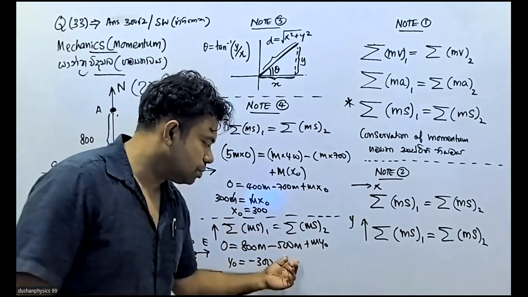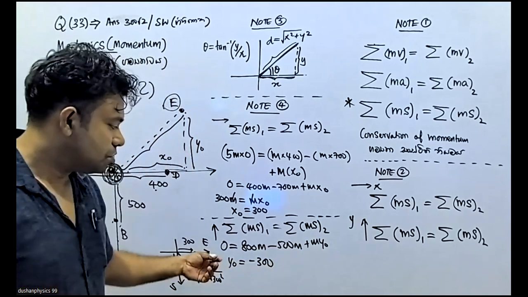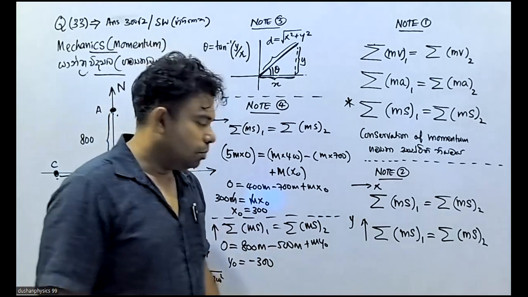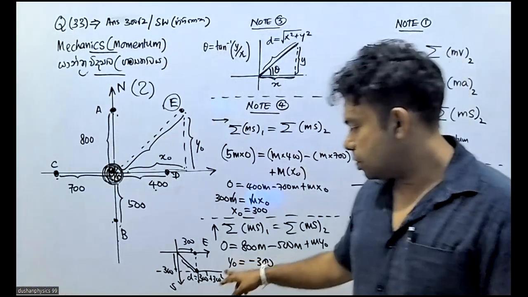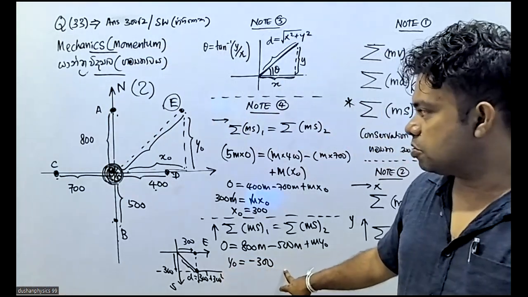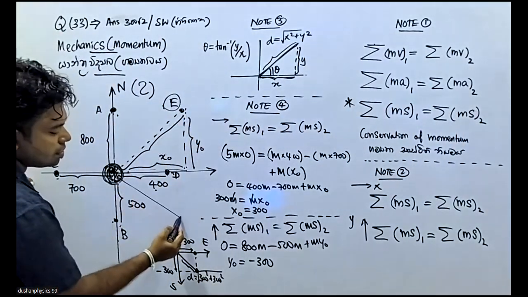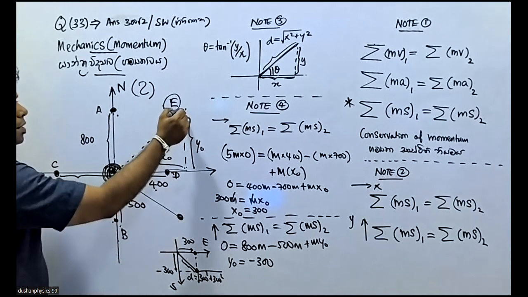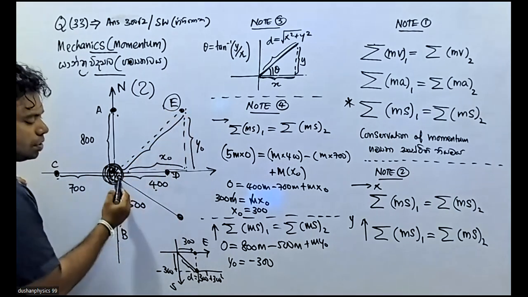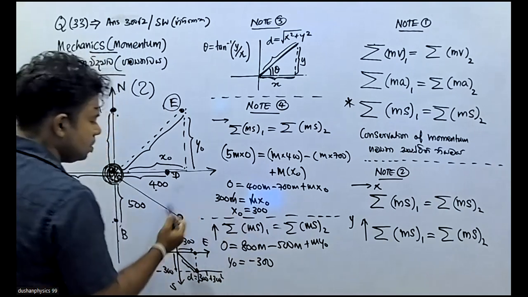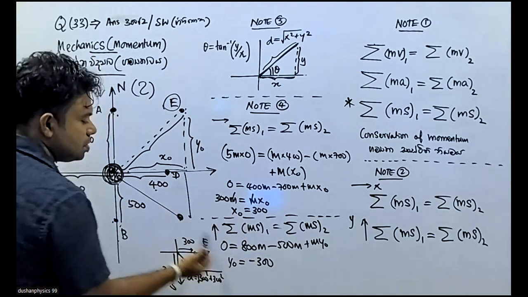When you simplify it, y naught comes to minus 300. So E is 300 in the x direction and minus 300 in the y direction.